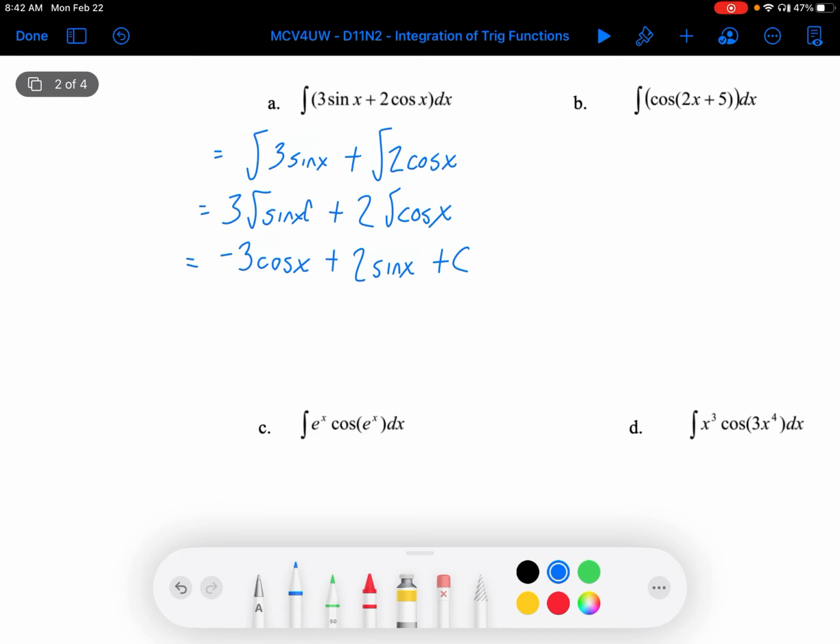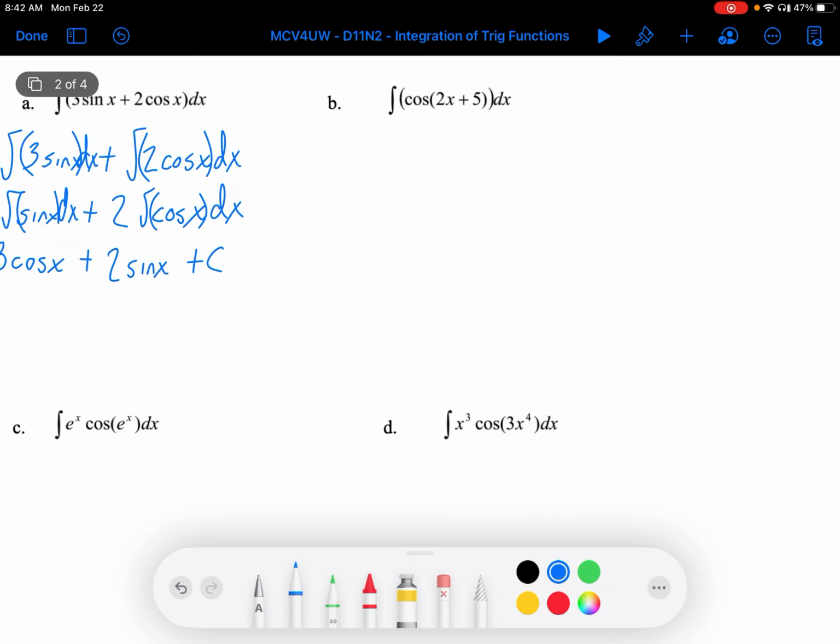Okay, and these were all dx. So when you're looking at that, you can always break those up, and we're differentiating with respect to x.